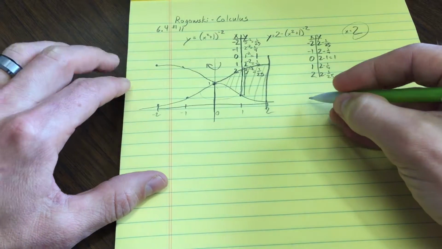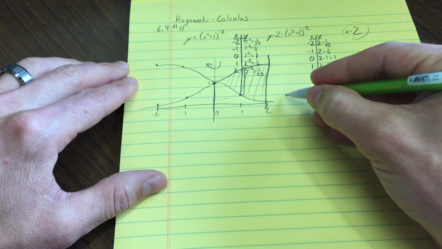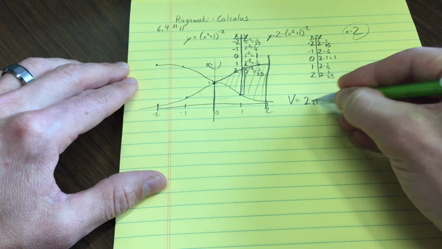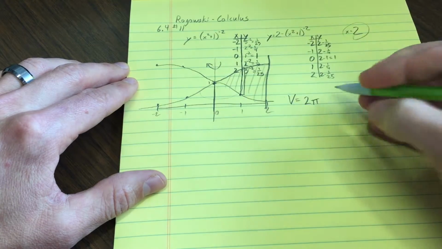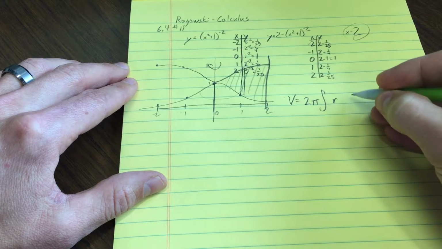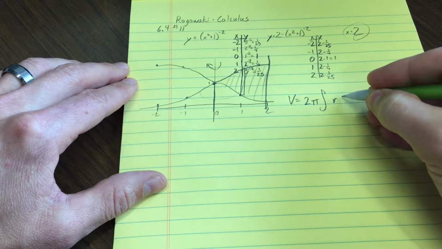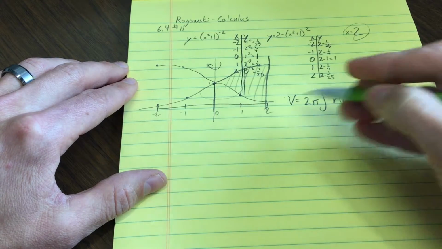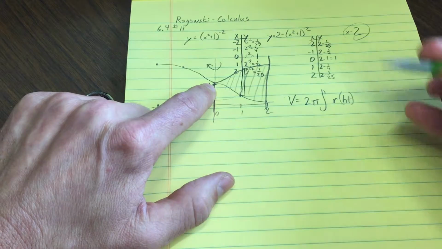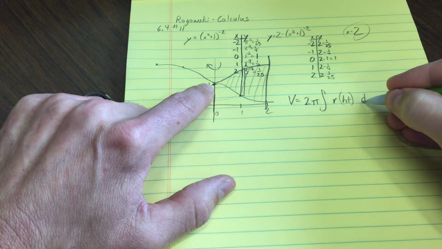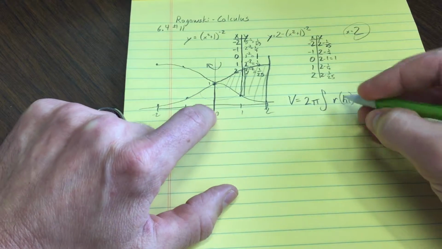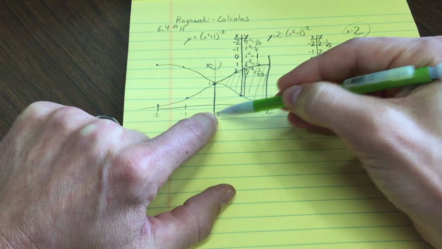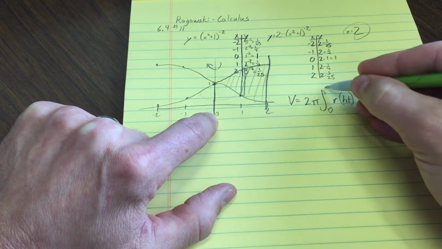For cylindrical shells, the volume is 2 pi r, that's the circumference, times the height. I've got to figure out what those are. Which direction am I cutting here? I'm cutting along the x-axis, so dx, and these slices are going to start at 0 and end at 2.